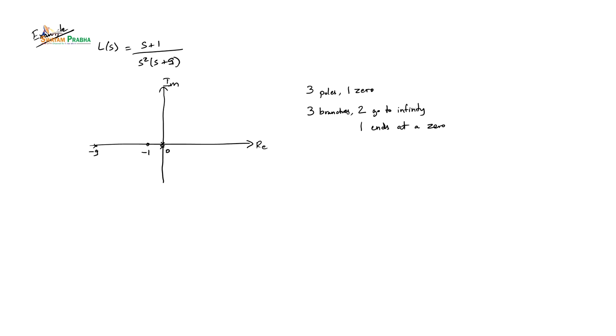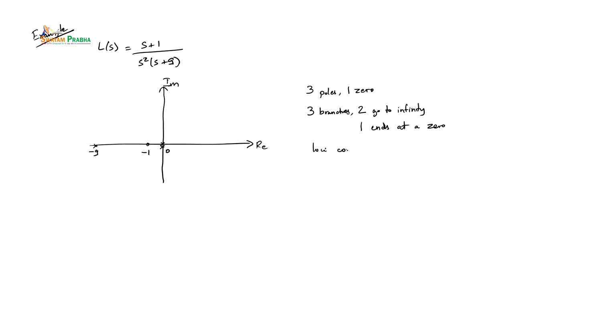Whereas if you see between minus 1 and 0, there is an even number of poles and zeros on the right hand side. So that will not be a part of the loci. Between minus 1 and minus 9, there will be 3 poles and zeros. So it is an odd number. So that will be a part of the loci.